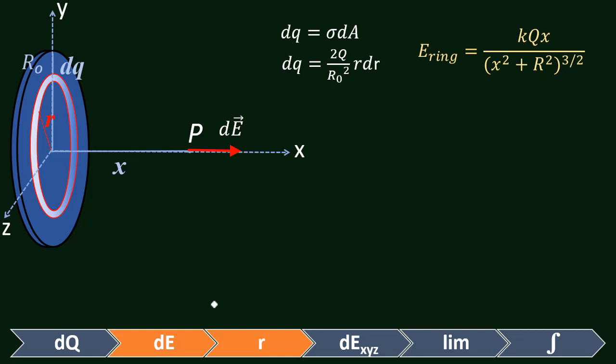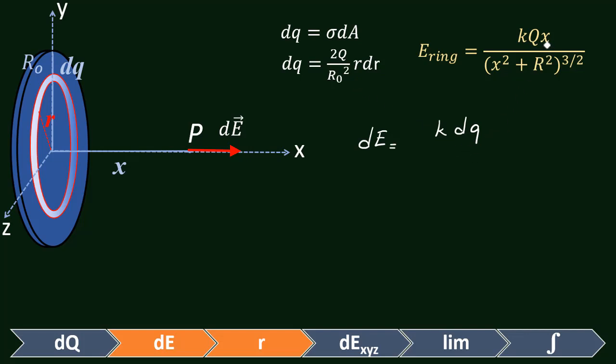But we have to redefine, so I'm doing these two steps together. We have to redefine all these distances, radii, with respect to our current definitions in the current picture. So E ring is going to become our dE. Q is going to become our dq that we defined.